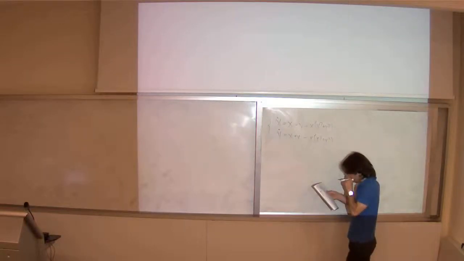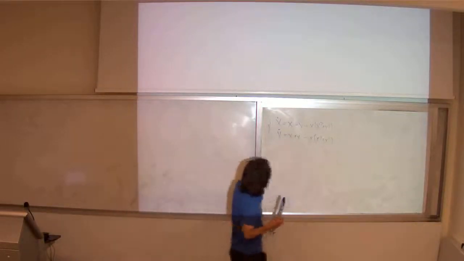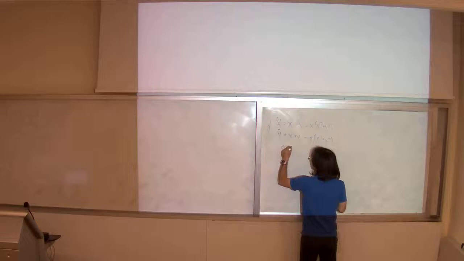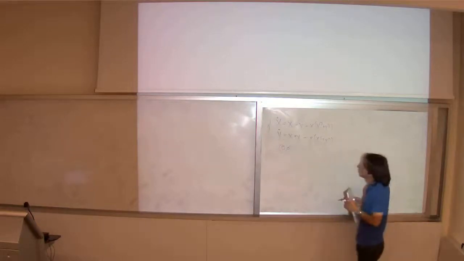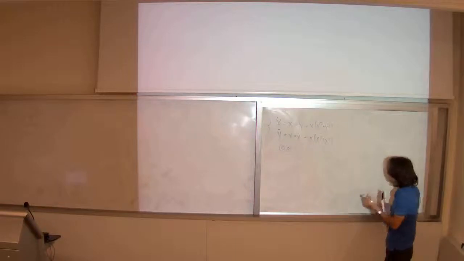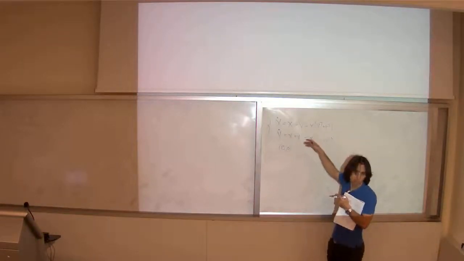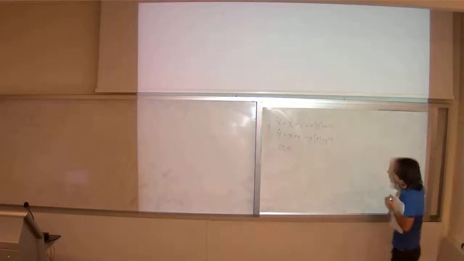This is our system. There is a fixed point here, 0, 0. This is the only fixed point in this case, but normally you would need to check somehow that there are no other fixed points.